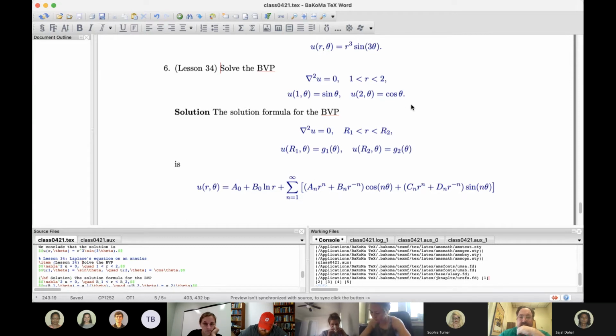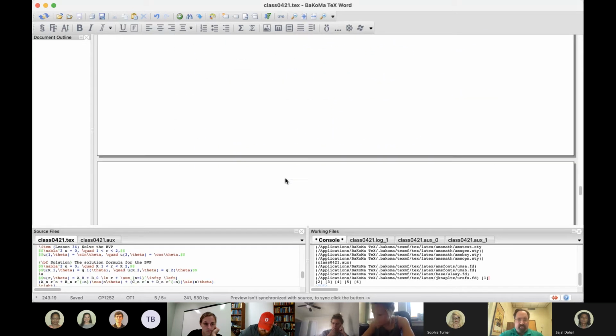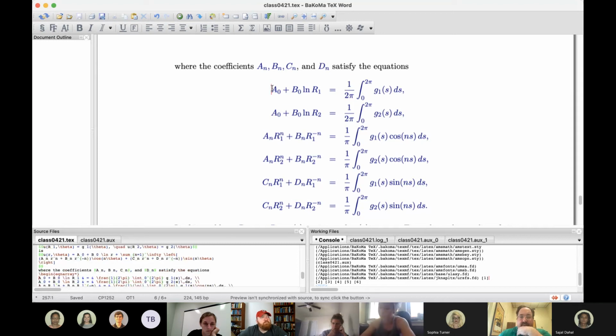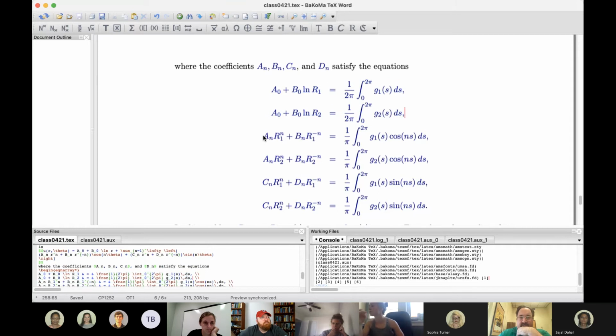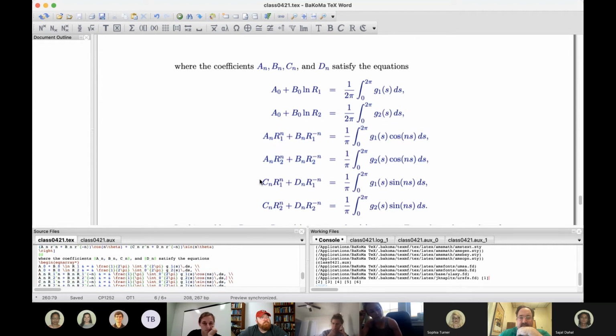Based on the boundary data you have, most of these will turn out to be 0, just because in your system of equations, I'll show you here. There's a whole set of them. So for each, what we have is you look at this system by itself, and then here these two for A_n and B_n, and then these two for C_n and D_n.